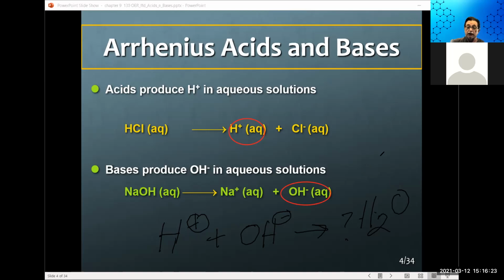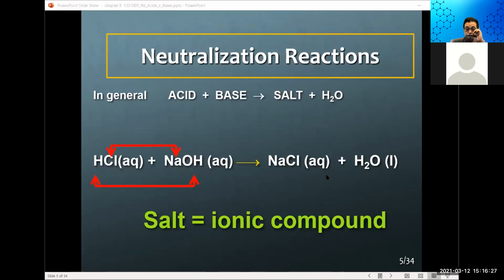Okay. All right. And that's basically what it's telling you here. And this is one of the 6 types of reactions we'll be talking about, I believe, in the next chapter. And this is called a neutralization reaction.